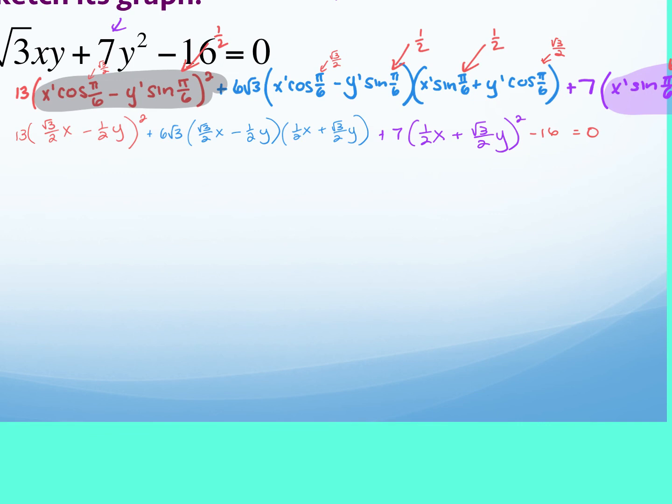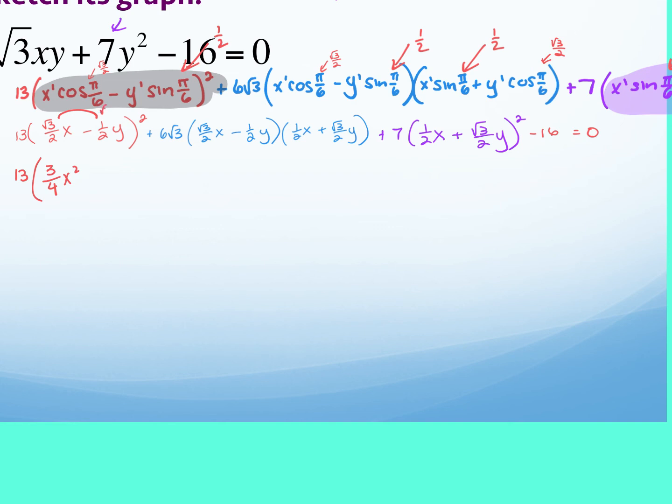Now again on all the squareds, I'm going to expand using the shortcut. So this is 13. Shortcut says square root 3 over 2 x. Square of root 3 is 3, square of 2 is 4, x squared. Double the product here: 1 times root 3 would be root 3, 2 times 2 would be 4.